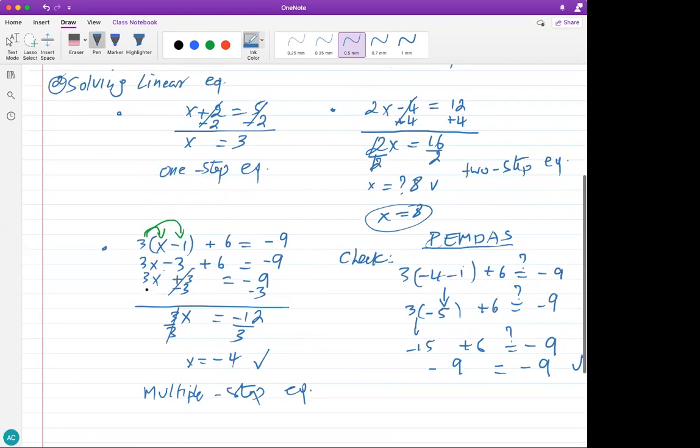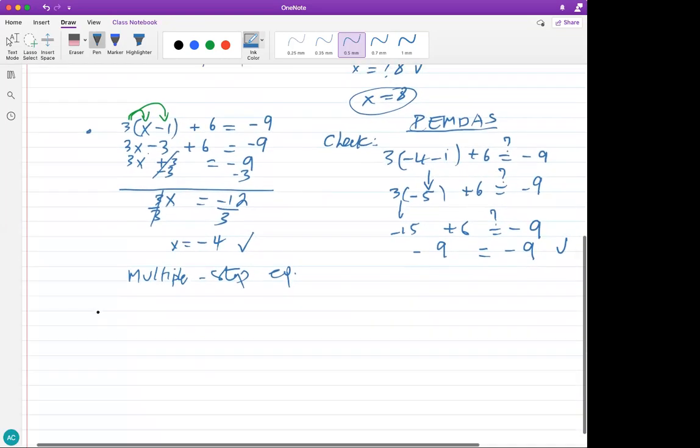Let's make the equation a little longer now, maybe some more things.